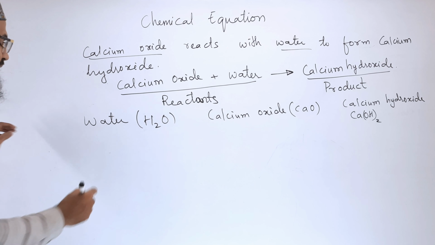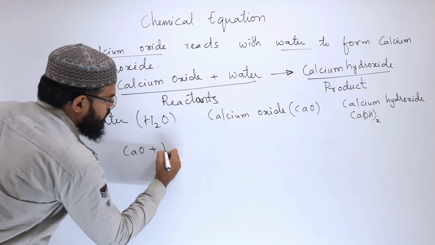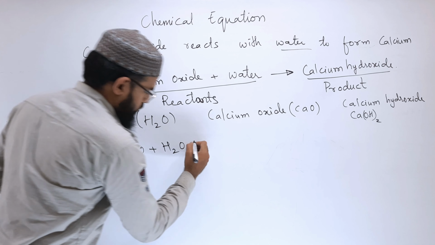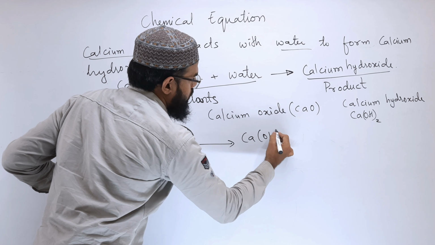Then the equation will be: CaO plus H2O gives Ca(OH)2.